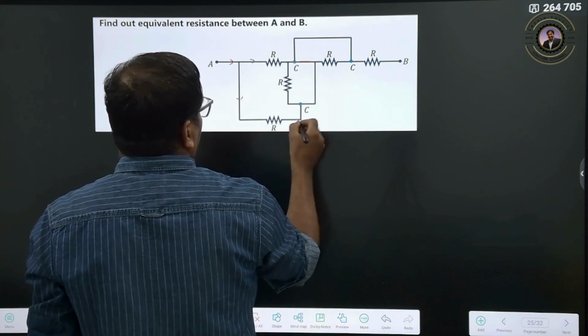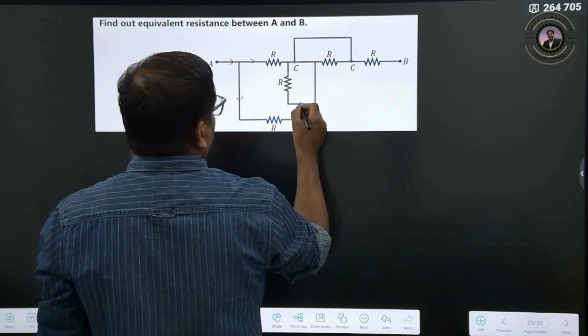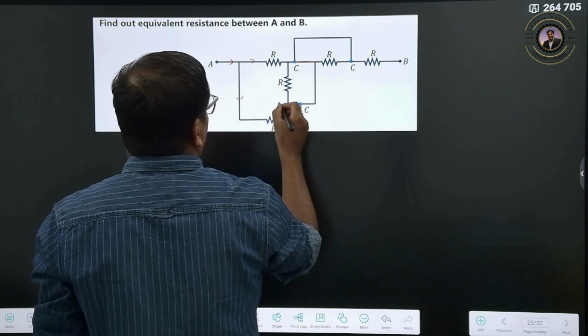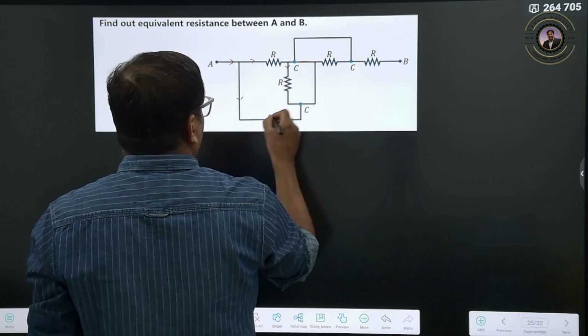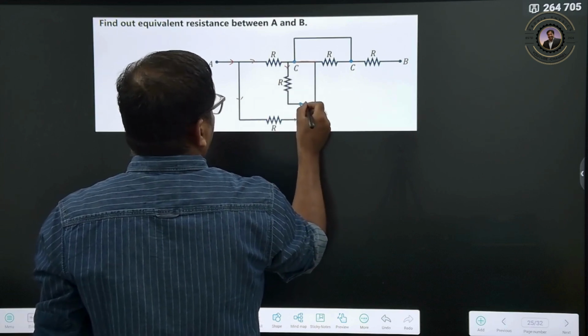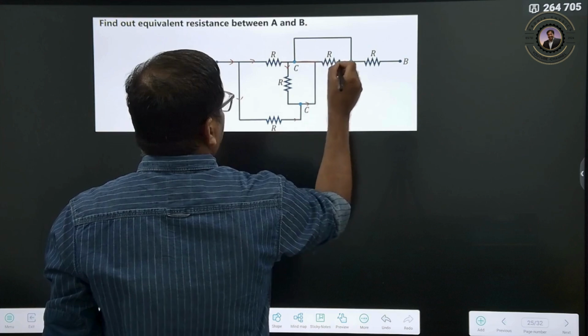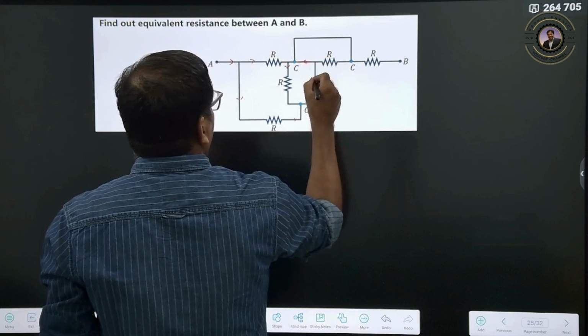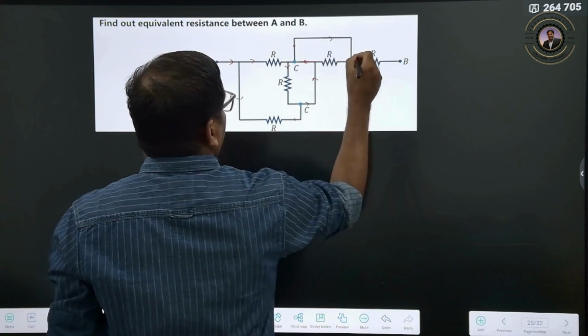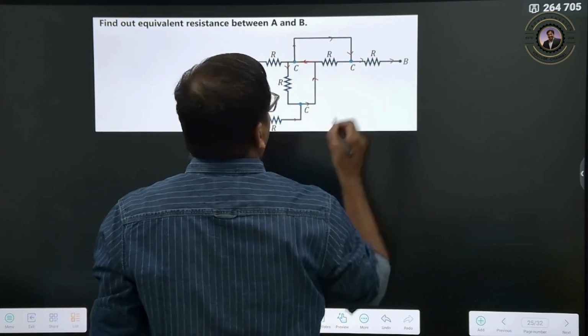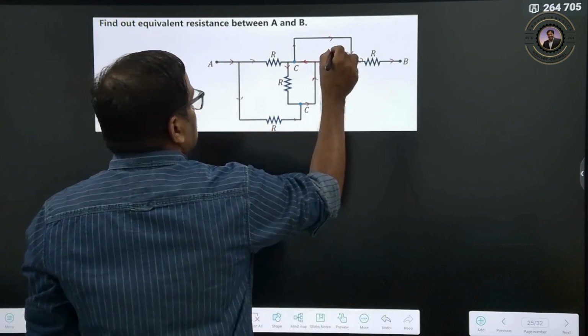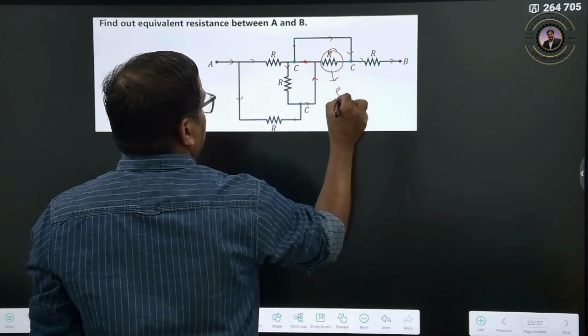After coming here, definitely it has to come to here, and then it will go to here, here, here, and to this point. Clear? Therefore this part is short circuited.